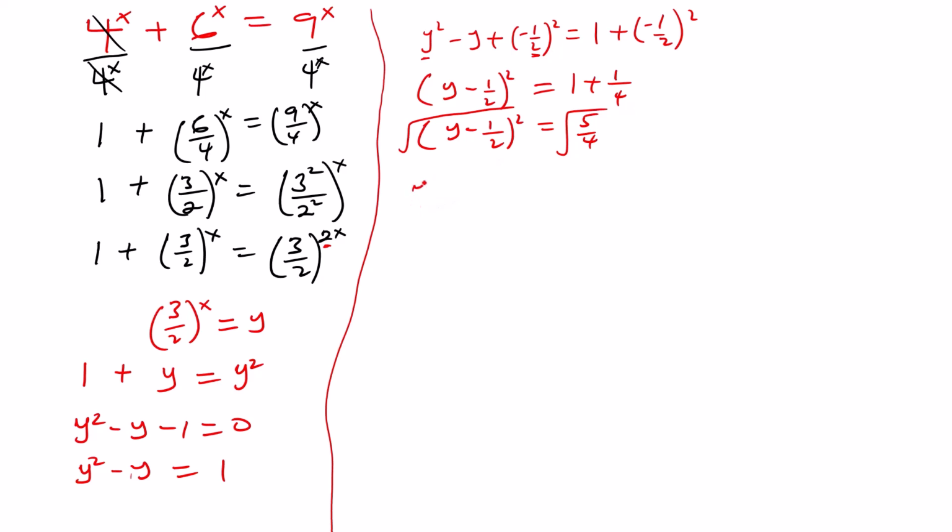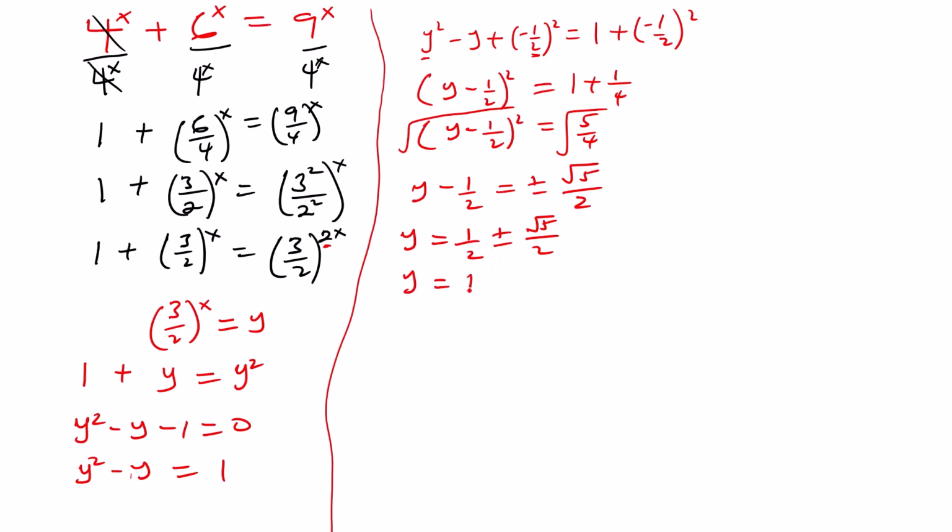So we have y minus half equals plus or minus 5 on 4, and the square root of the denominator is 2. So we have y equals half plus or minus root 5 on 2.